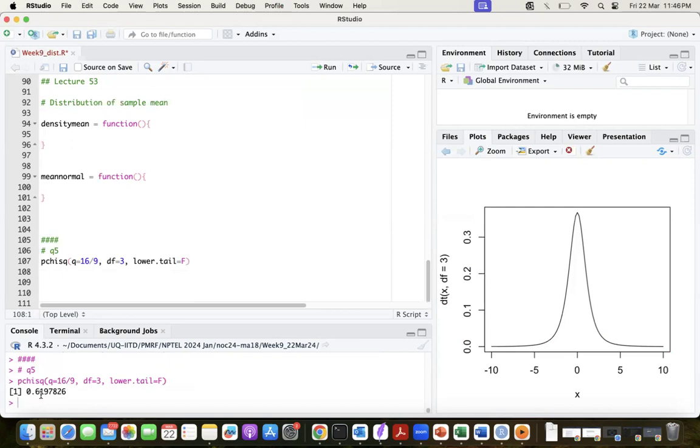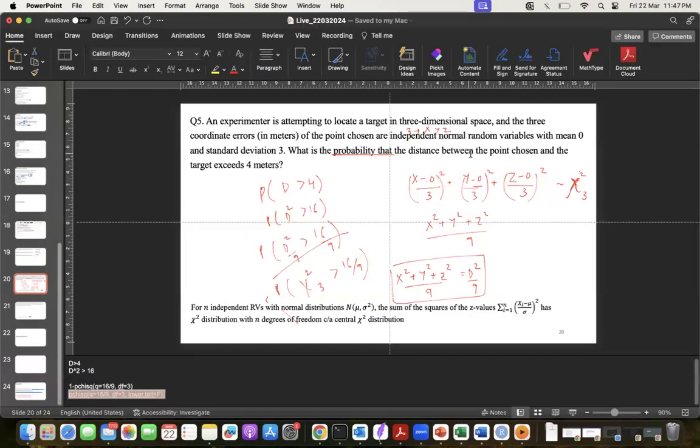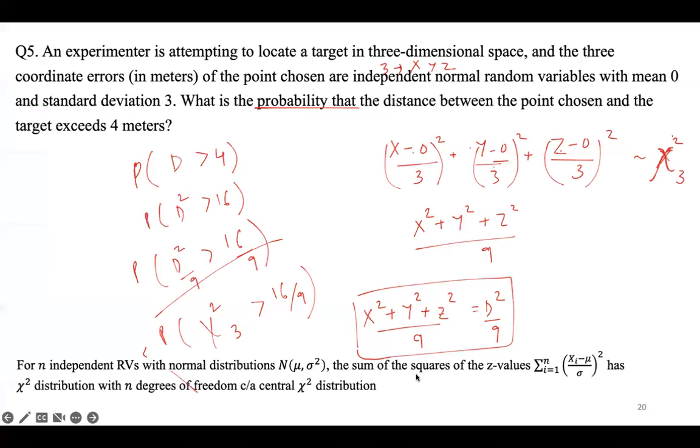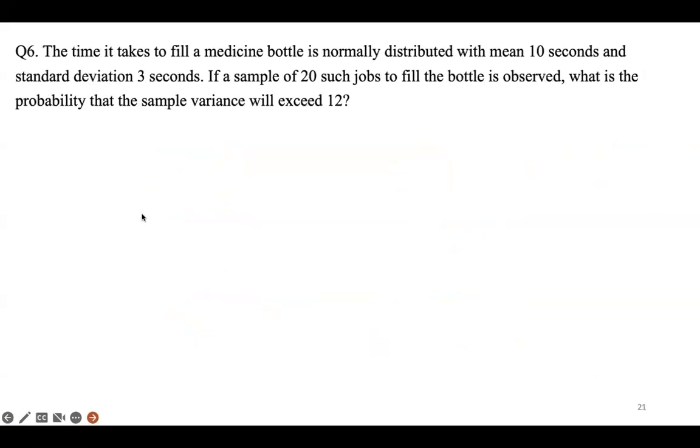So 0.62 is the probability that the distance between the point chosen and the target is more than 4 meters, right? This is the analogy that we are using. All right, so does this make sense? If this is fine, then we move on to, I think, the last question for today.